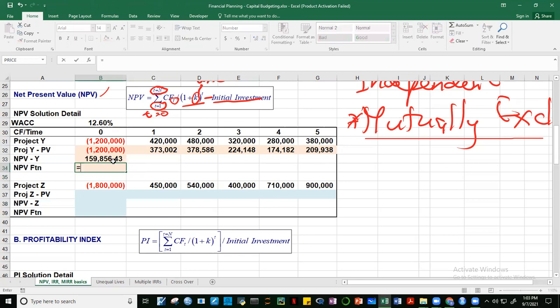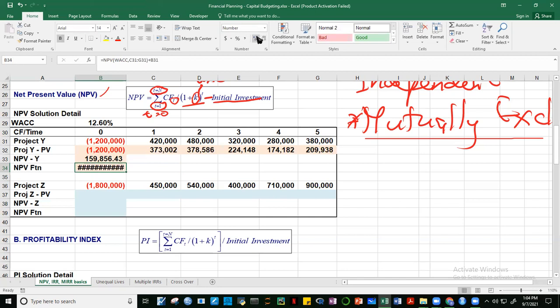Or we could have used the NPV function of Excel. NPV function, ang rate natin is WACC. Okay, and remember guys, yung value natin should start with the year 1, no? And then i-add back natin si year 0. Okay, so we're getting the same figure.